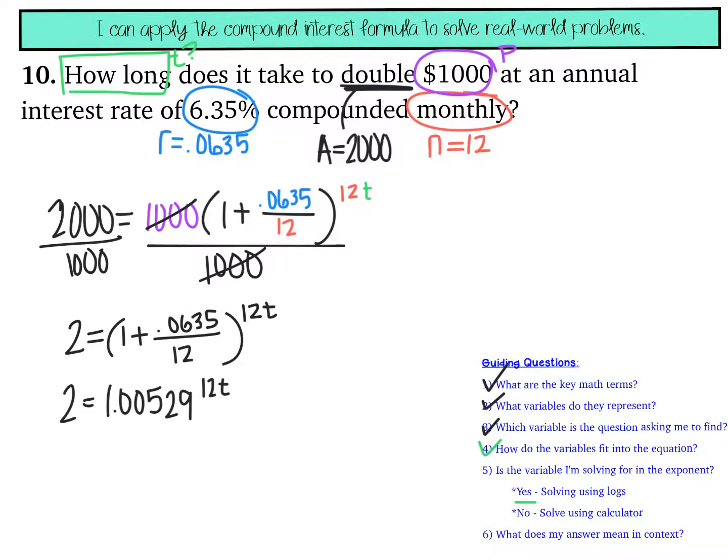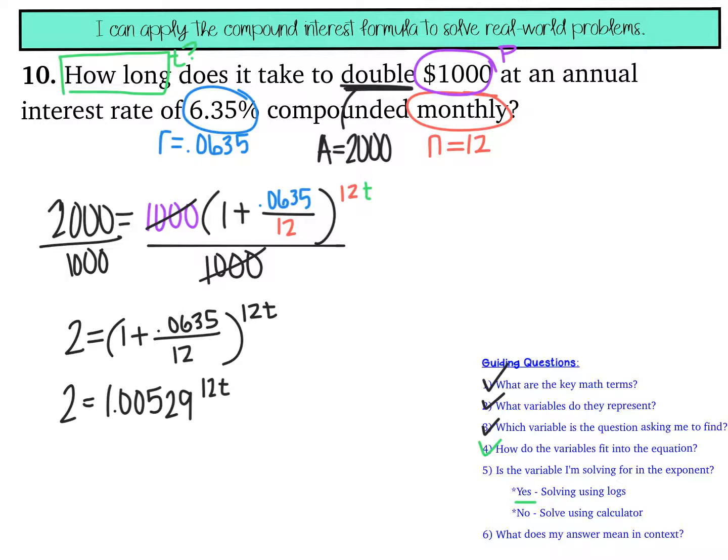So I got 1.00529. Because it's such a small decimal, I went out a couple extra. You don't necessarily have to do that, 1.0053 would be fine, but I just wrote down 1.00529. So we're going to have slightly different answers if you were to round to 3 and I was to round to 29.